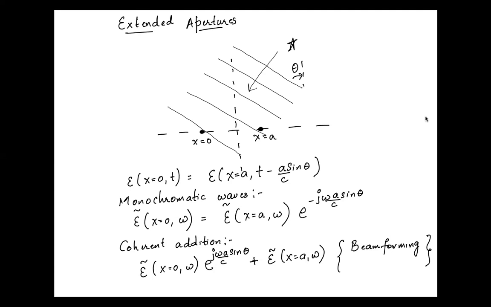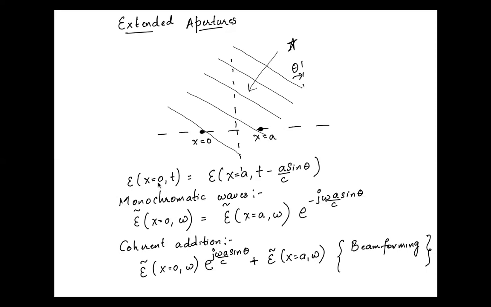And so the first detector at x equal to 0 at some time t is going to measure some electric field. But because of the geometry of these wavefronts falling on these two detectors, the wavefronts are going to arrive first at x equal to a, and the same wavefront is going to arrive at x equal to 0 after some delay, right? And so that delay depends on the extra path length that the wavefront has to travel, and of course the speed of light.